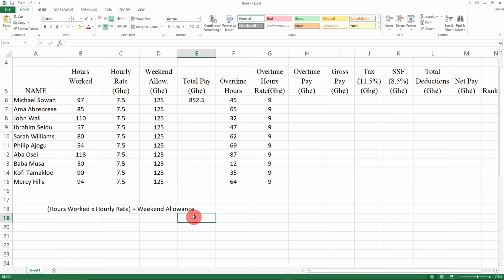So instead of typing 97 here, we could say equal to bracket open B6, because the 97 is in B6.